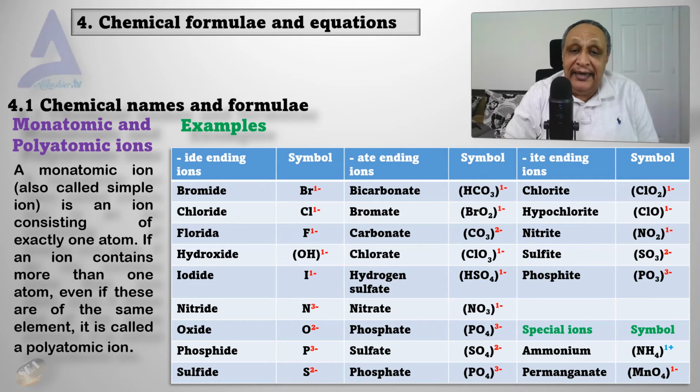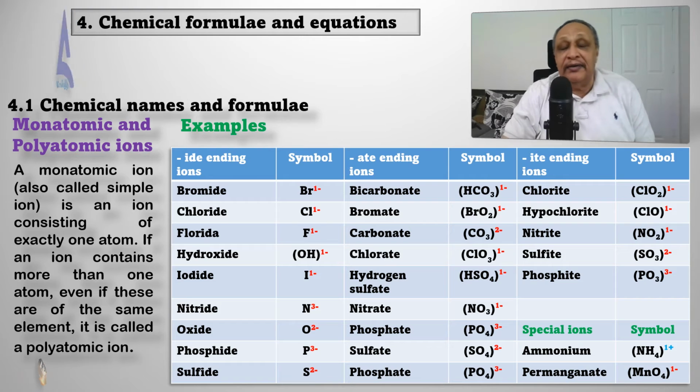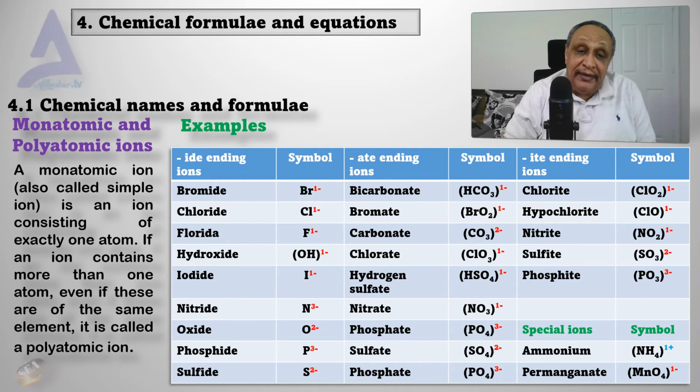Nitride, N, -3. Oxide, O, -2. Phosphide, P, -3. Sulfide, S, -2. And be careful, I just ordered them alphabetically, nothing else. So there is no reason that they have to be like this. It is just alphabetically arranged.